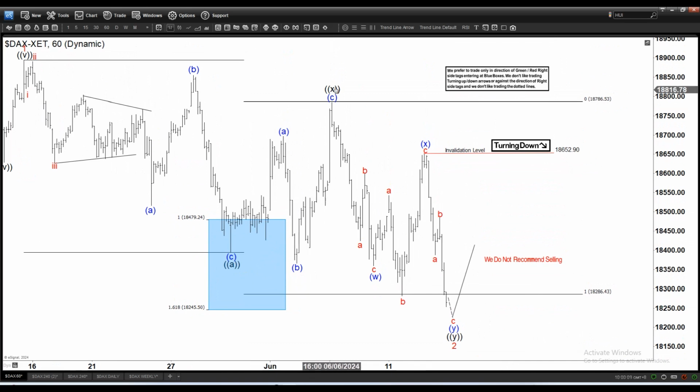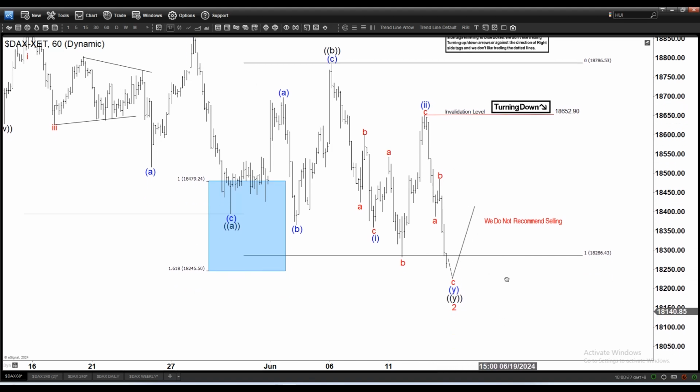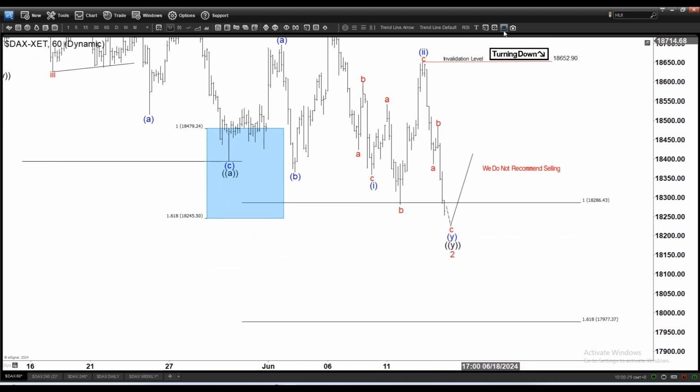So if this is actually an expanded flat, 3, 3, and then this is in the form of a 5-wave C wave of a flat, then we are only ending with 3, with the 4 and a 5.